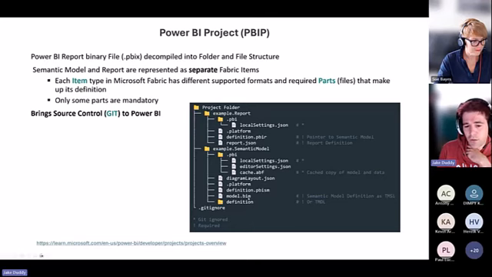Then you've got the new version, TMDL, where you get a folder called definition, and that big JSON model.bim file is split down into individual files and folders a bit more, which helps make sure you don't get merge conflicts.